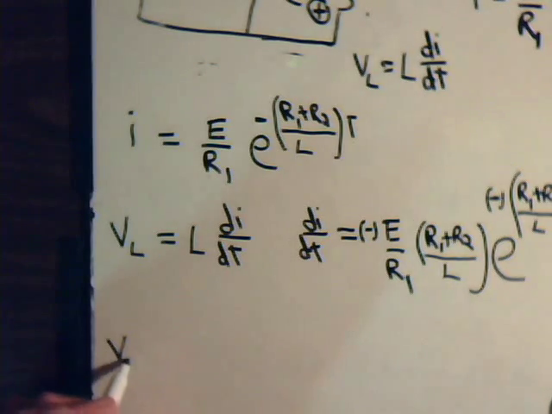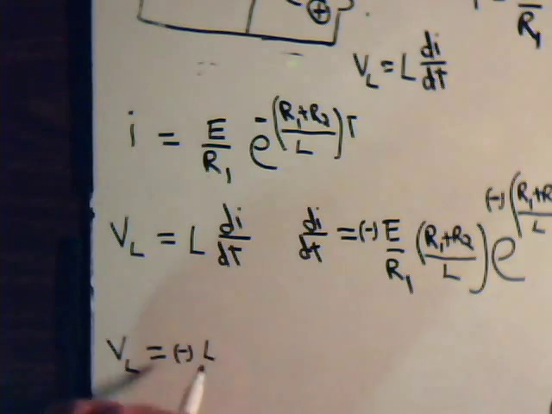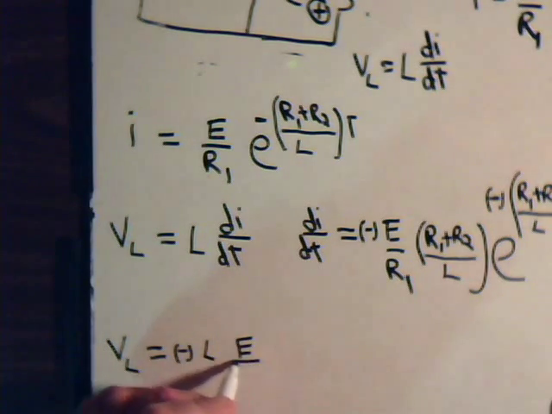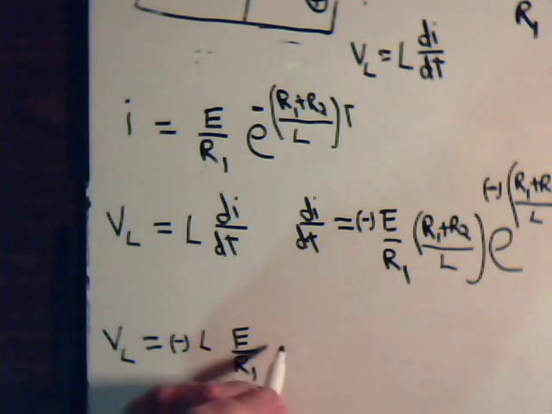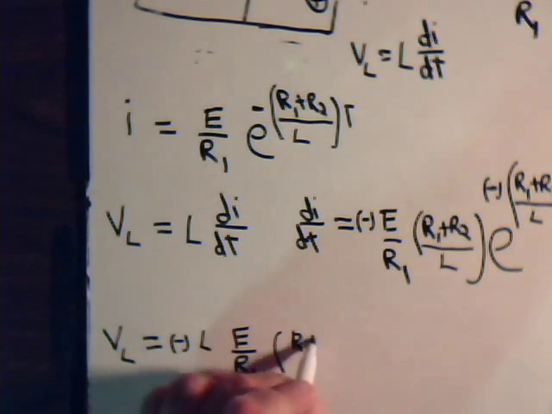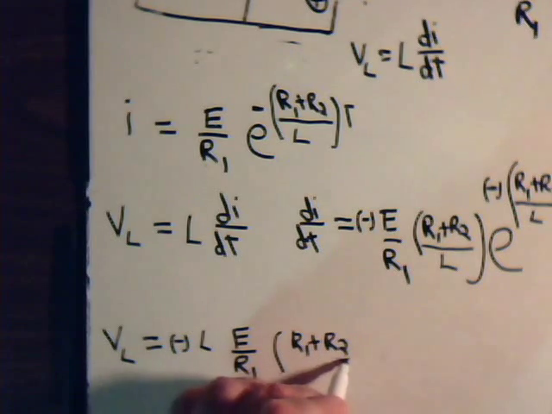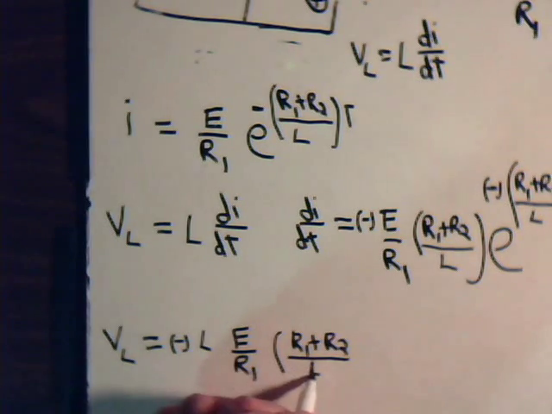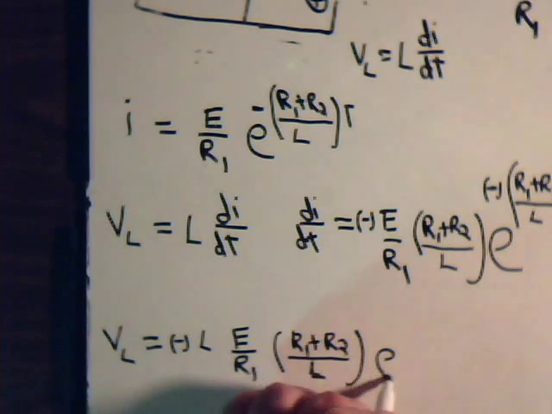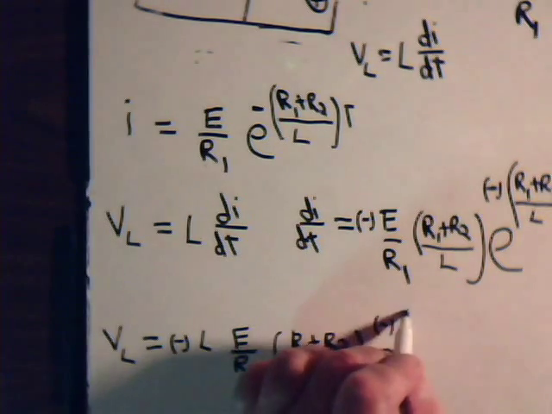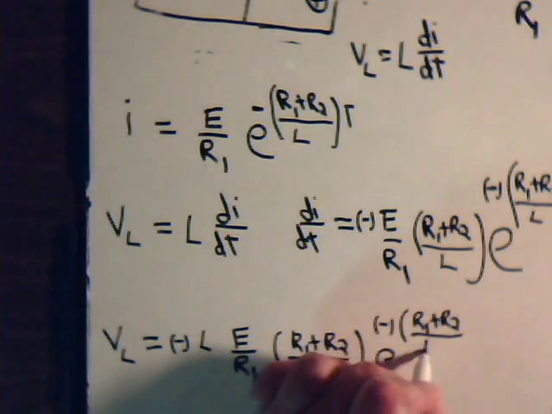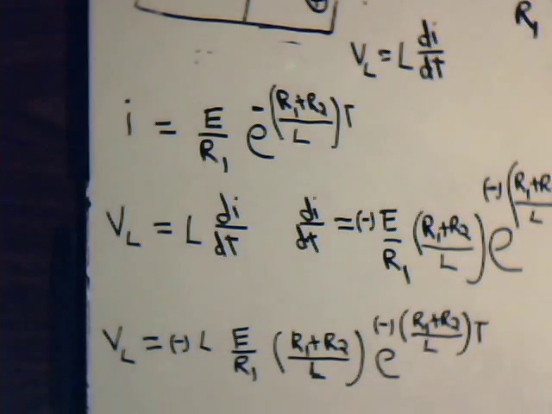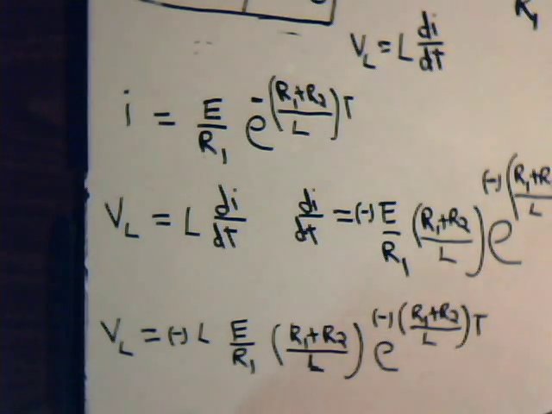V_L equals, there's a minus sign here, L times E over R1 times (R1 plus R2) divided by L, times e to the minus (R1 plus R2) divided by L times t, and these L's are going to cancel out.